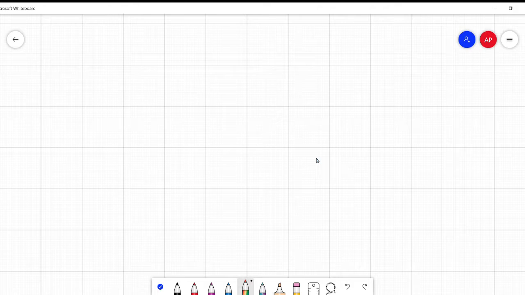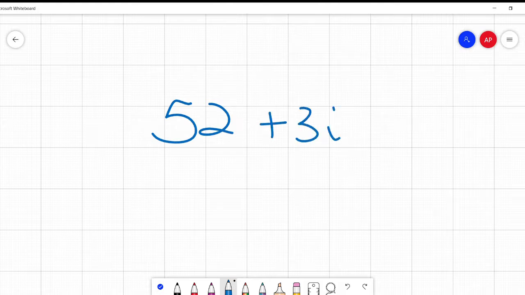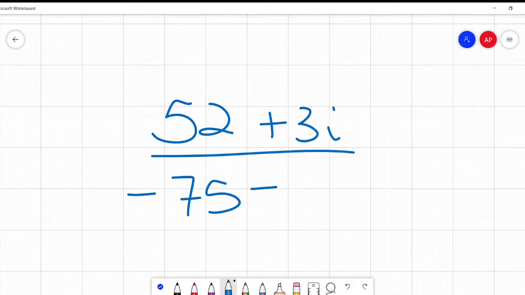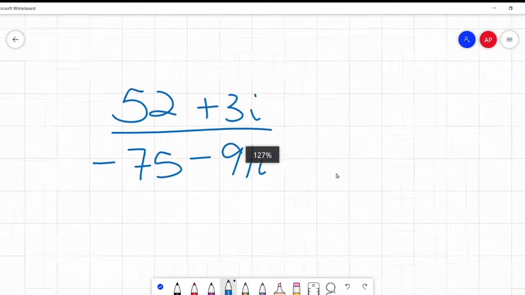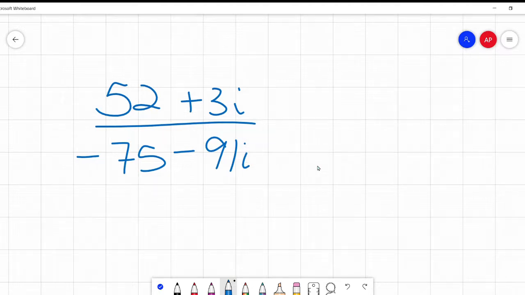So whenever you have these, again, the key is always going to be doing that difference of squares on the bottom. So it doesn't matter what it is. Say if it was 52 plus 3i all over negative 75 minus 91i. I don't care. The process you're going to follow is always the same.